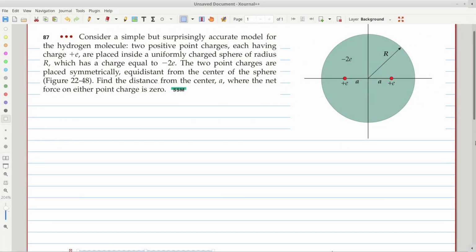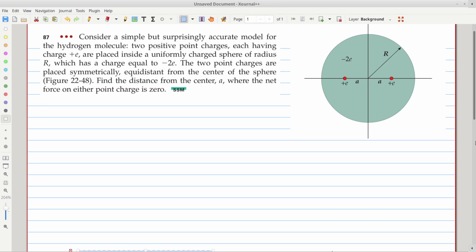Today we'll solve problem 87 of chapter 22 of Tipler, Physics for Scientists and Engineers. Consider a simple but surprisingly accurate model for the hydrogen molecule. Two positive point charges, each having charge plus e, are placed inside a uniformly charged sphere of radius r, which has a charge equal to minus 2e.